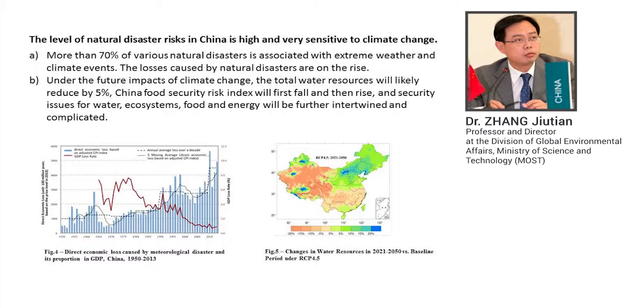And under the future impacts of climate change, total water resources will likely reduce by 5%, and this could affect China's food security, as well as the security of water and ecosystems.